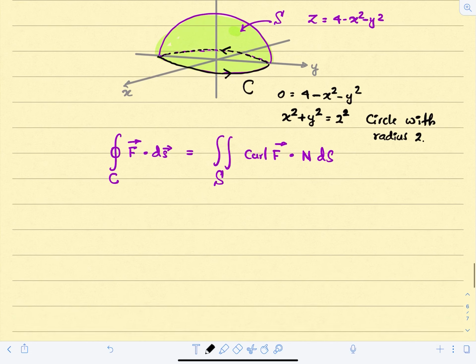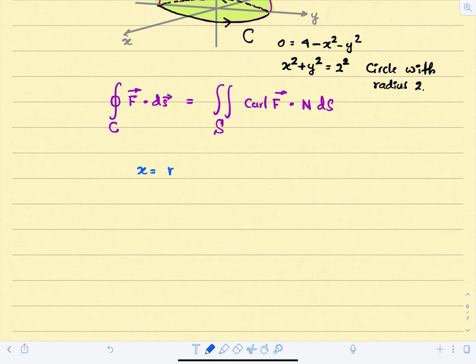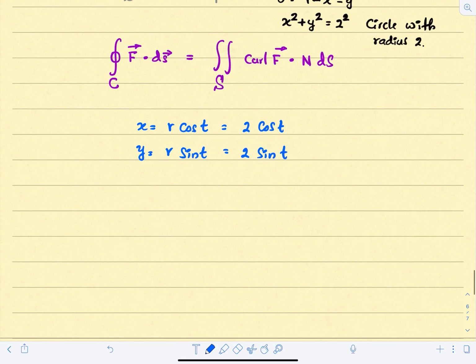To parameterize the circle, if you recall polar coordinates, we know that x equals r cosine theta, so let's use the parameter t instead of theta, and y equals r sine t. Now in this case we have a fixed radius 2, so x is 2 cosine t, y coordinate is 2 sine t. So now the parametric equation of the boundary C is 2 cosine t comma 2 sine t.